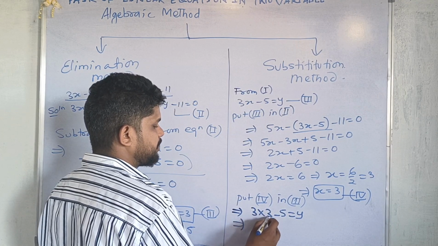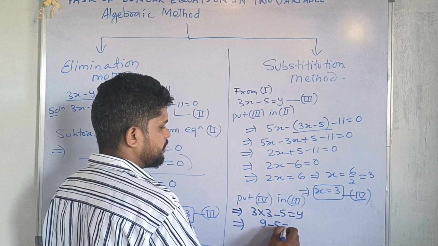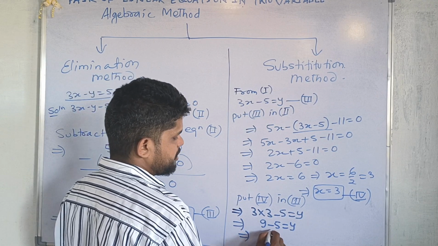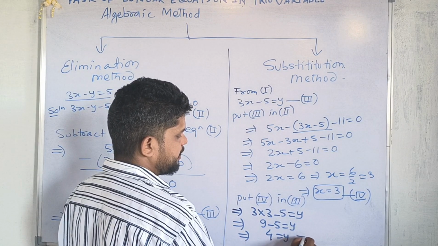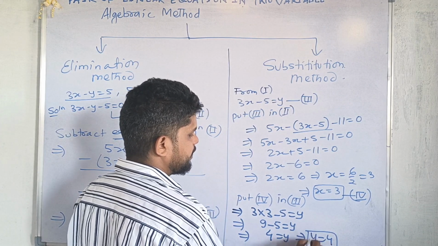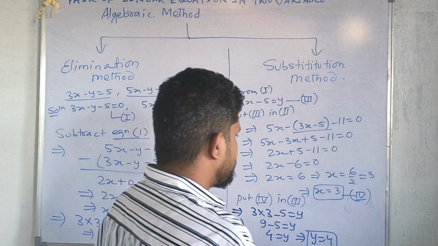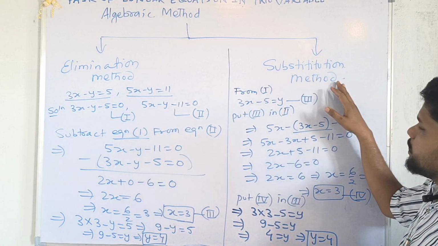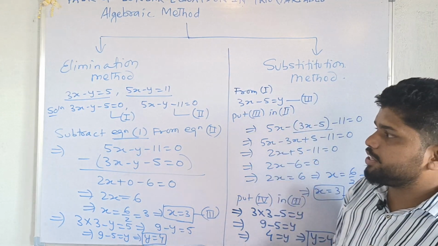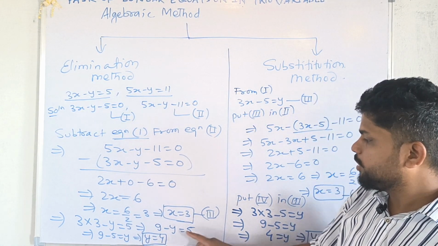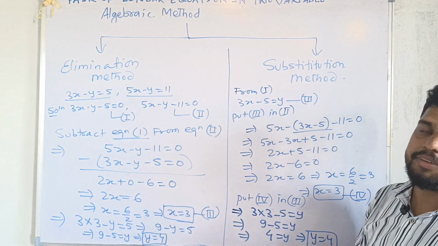This implies that 3 into 3 is 9, minus 5 is equal to y, and that shows 9 minus 5 is 4, equal to y. This implies that the value of y is equal to 4. Okay, so by using the elimination method and the substitution method, we have got the value of x equal to 3 and the value of y equal to 4 for both methods.